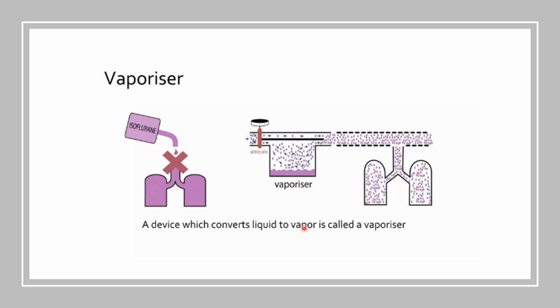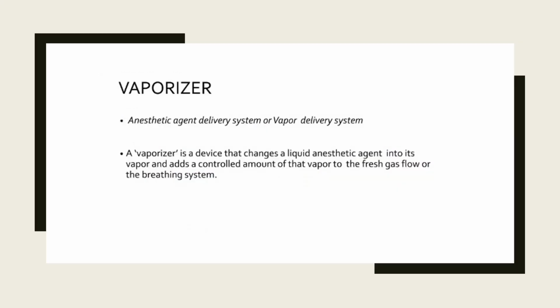It will turn the liquid anesthetic agent into a vapor or a gas, which is delivered through tubes to end up in the respiratory tract. A vaporizer is specifically defined as a device that changes the liquid anesthetic agent into its vapor and adds a controlled amount of that vapor to the fresh gas flow or the breathing system.